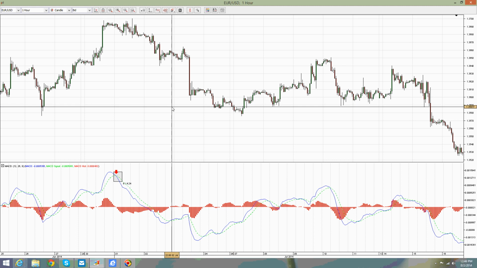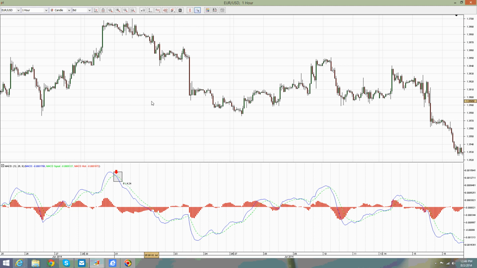If you are buying call options here, on this cross, I wouldn't advise it, because you want to buy call options or put options as high as possible here. So this represents overbought and oversold levels. This is not that oversold, this is not that overbought. So if you want, you draw two horizontal lines.